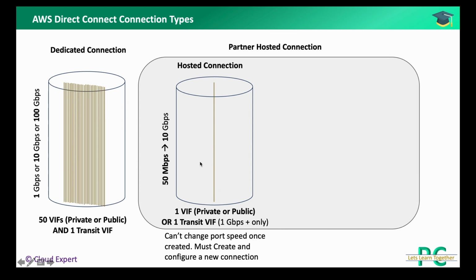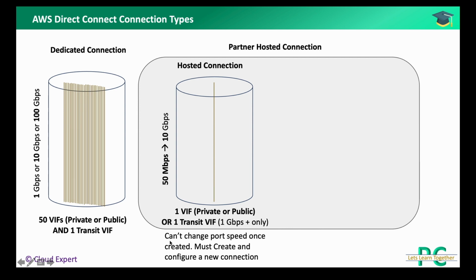For hosted connection, if your connection speed is more than 1 Gbps, you will have one transit VIP. If you are going for less than 1 Gbps, you can have only one VIP, either private or public. For more than 1 Gbps, you can have two VIPs, one private or public, and one transit VIP.